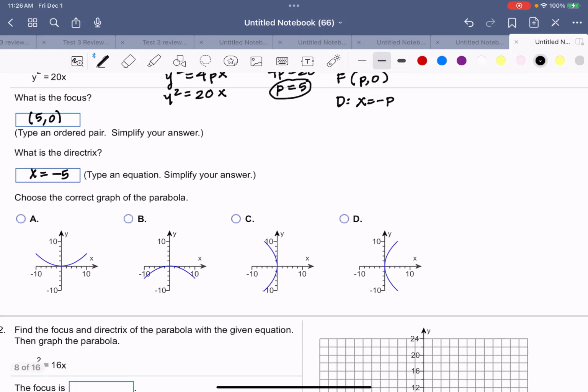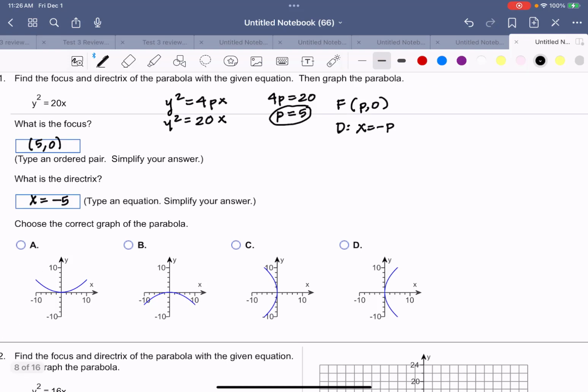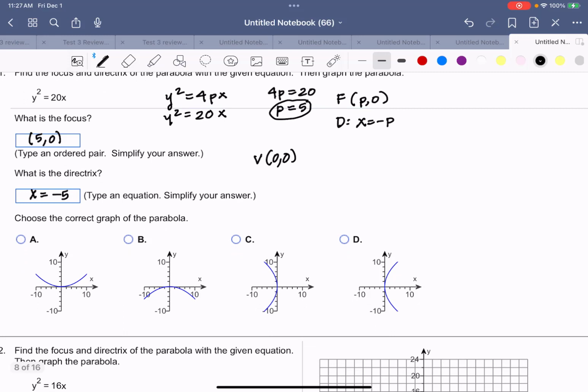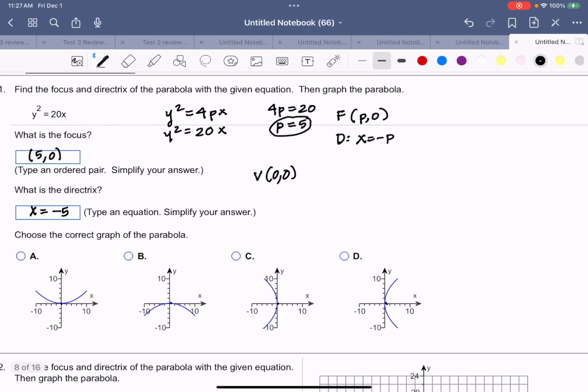When I look at these graphs, remember, this is always a vertex at (0, 0) in this format. But I look at this and I say, okay, I've got y squared, that's a horizontal, non-function parabola, either this or this. So it can't be A, it can't be B, it has to be C or D.